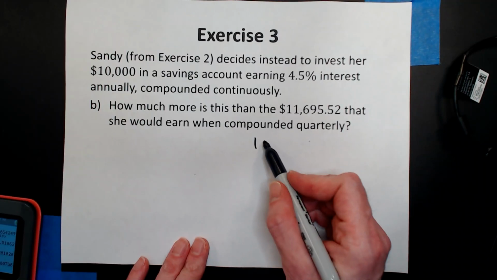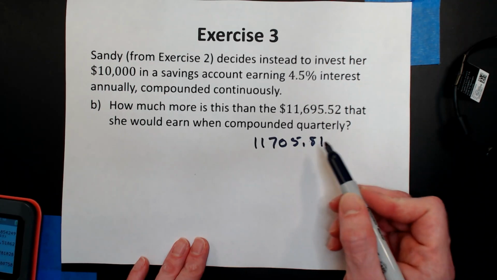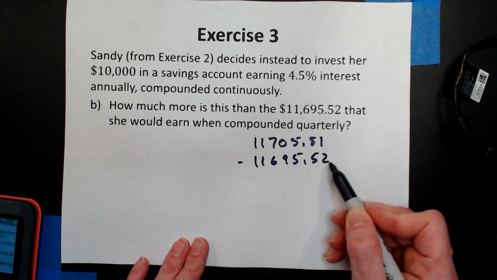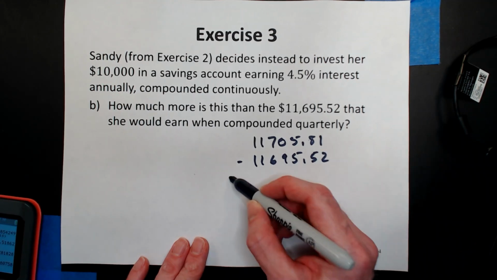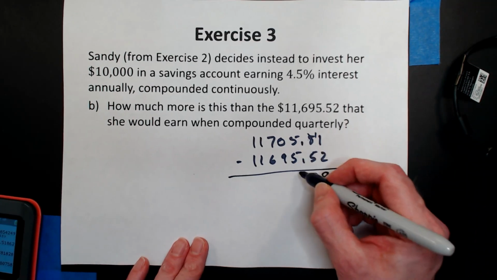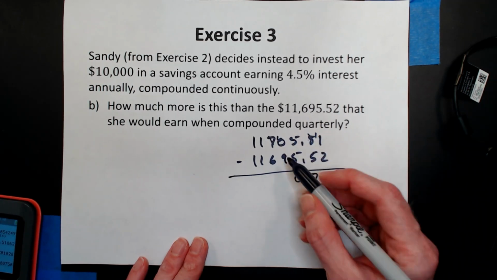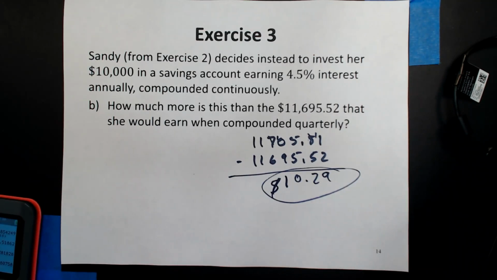And so we're going to say we have our amount we found earlier, 11,705.81 minus 11,659.52, and we're going to see the difference between these two numbers is going to be, so carry the 1, that's going to be 9, that's going to be 2, and we borrow 1 from here, that's 10, so it's $10.29.